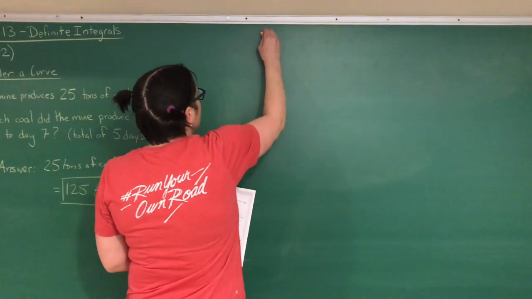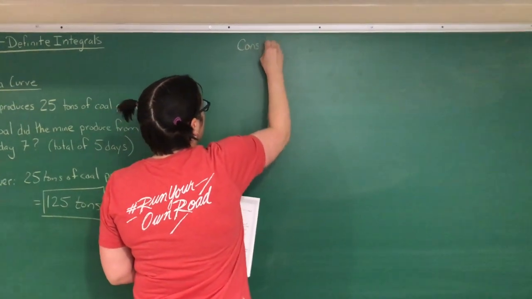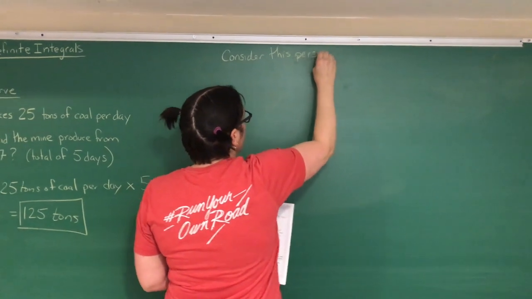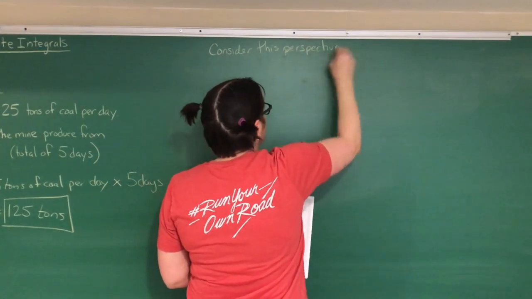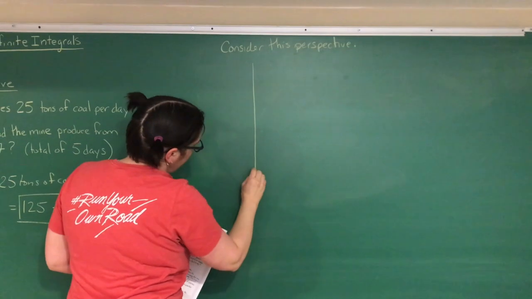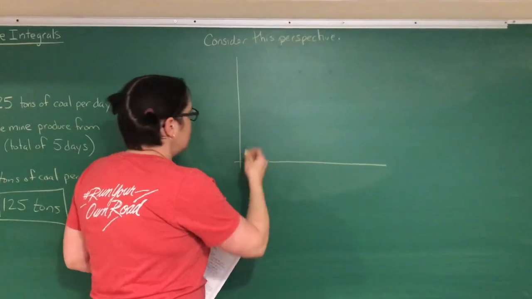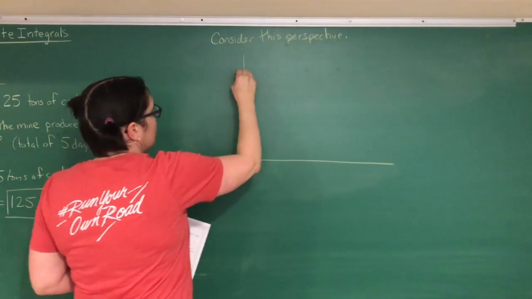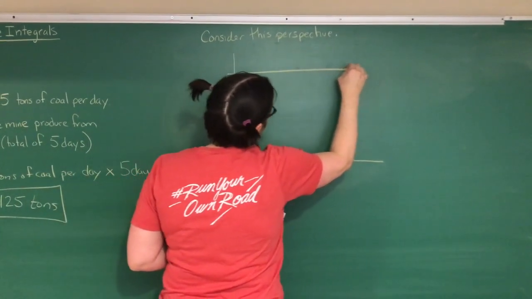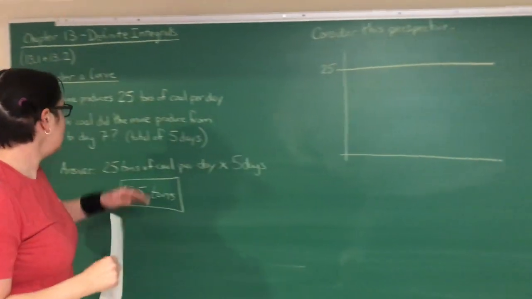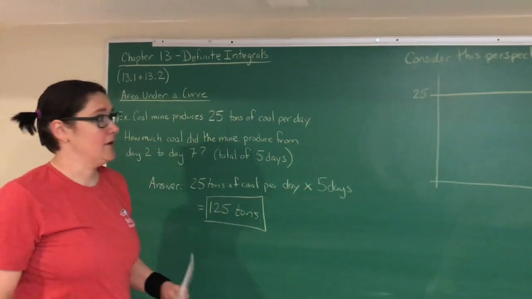Okay, so we're going to consider this perspective. I'm going to draw a picture, and, well, it's a graph. What I'm going to do is draw a horizontal line at a height of 25, and that's representing this 25 tons of coal per day.